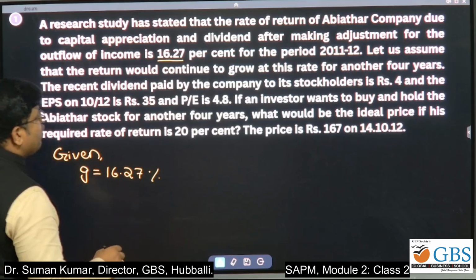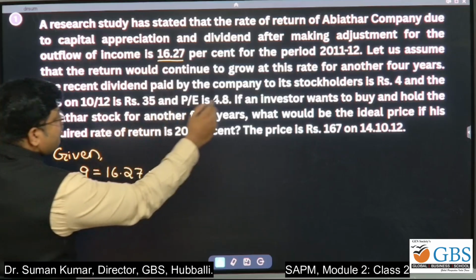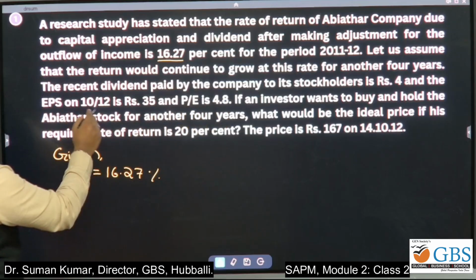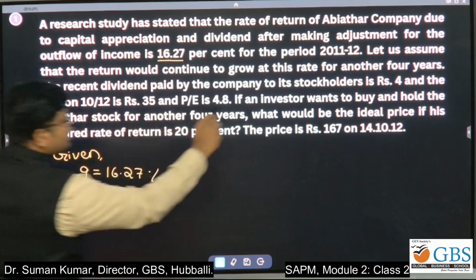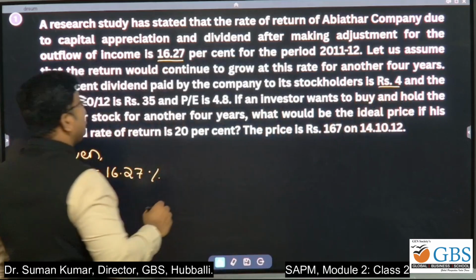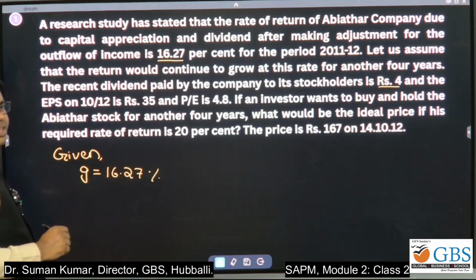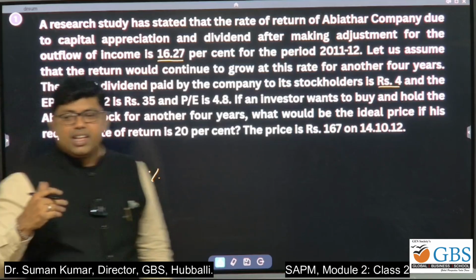Right. Then what? Let us assume that the recent dividend paid by the company to its shareholder is rupees. What is this? Dividend paid. We need two things.